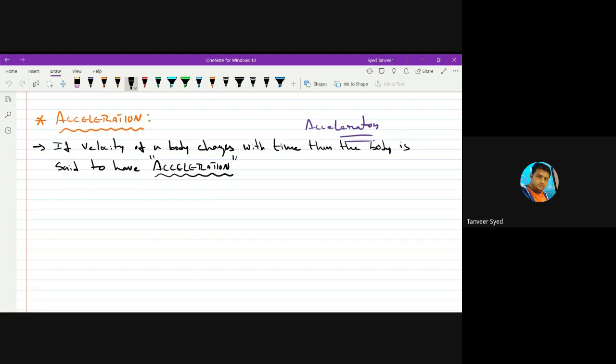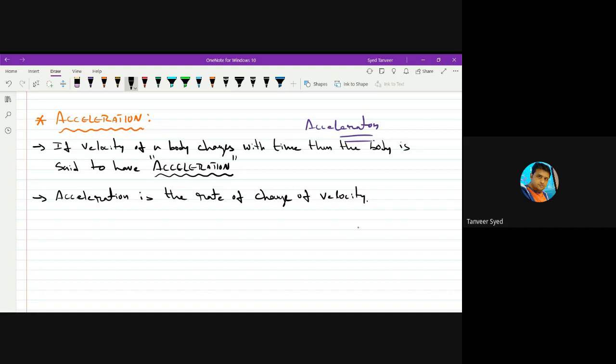How do we define this acceleration? See, acceleration is the rate of change of velocity.